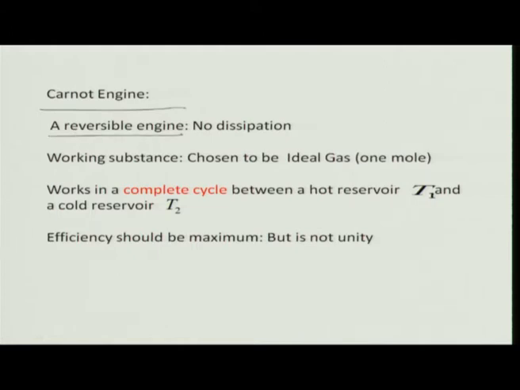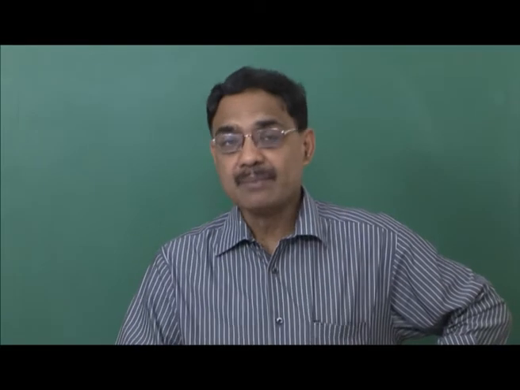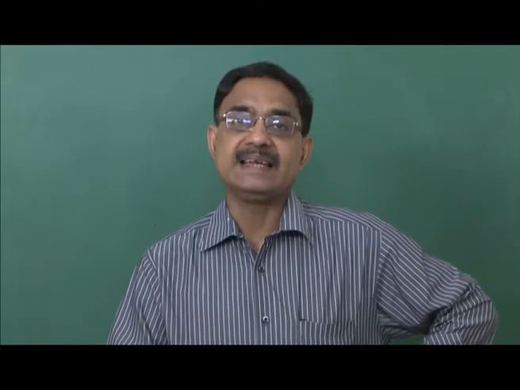I told you repeatedly what I mean by a reversible engine: dissipationless. The working substance I chose to be 1 mole of ideal gas, but we also discussed this is not essential. For an ideal gas, the specific heat is independent of volume, temperature and any other quantities. It is 3/2 Nk if I consider 1 mole of monoatomic ideal gas.